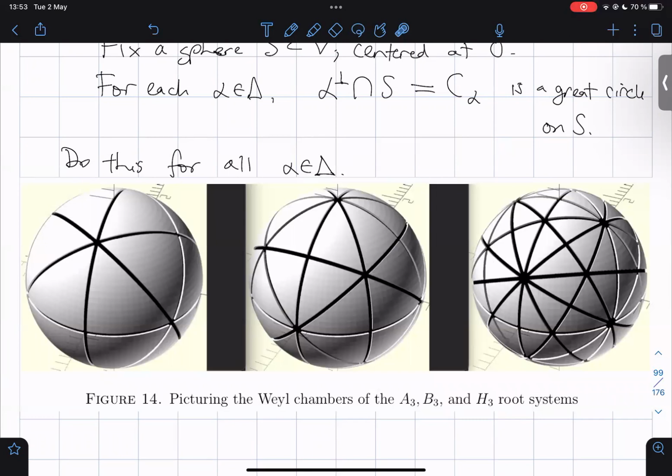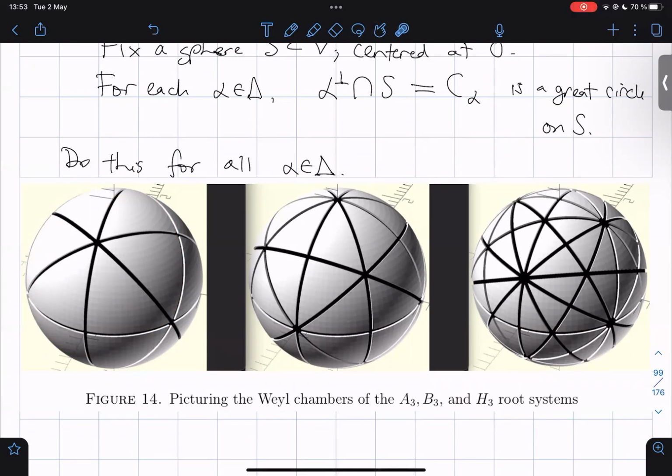The Weyl chamber actually starts at the origin and extends out to infinity, right? So this is just the intersection of that Weyl chamber with this fixed sphere. But this gives us a way of visualizing these Weyl chambers. In particular, you can count how many Weyl chambers you have, and I think you get 24.